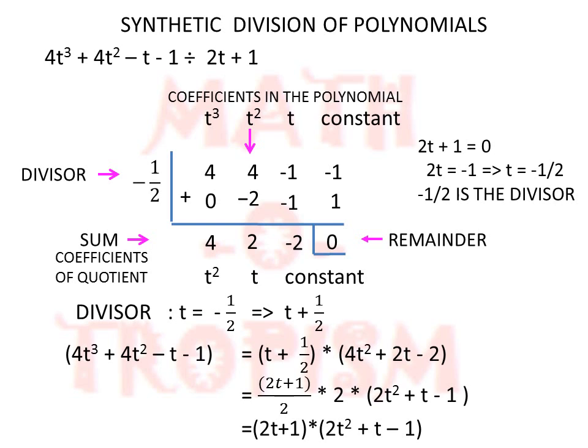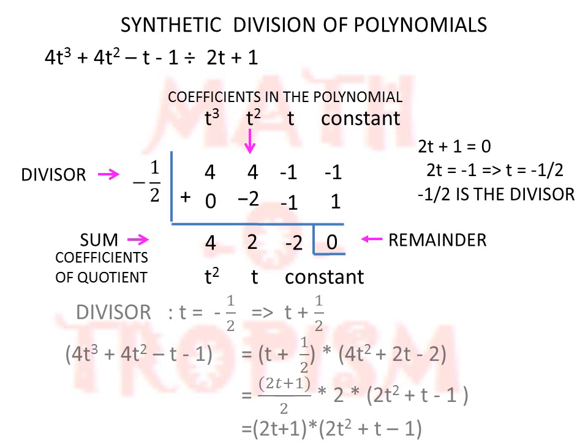So if there is a fraction, like in this last example, how do we get a fraction? When the divisor has a coefficient next to the x term or the t term, whichever be the variable. Here we had a coefficient 2 next to t. In all the previous examples, there was only the coefficient of 1.